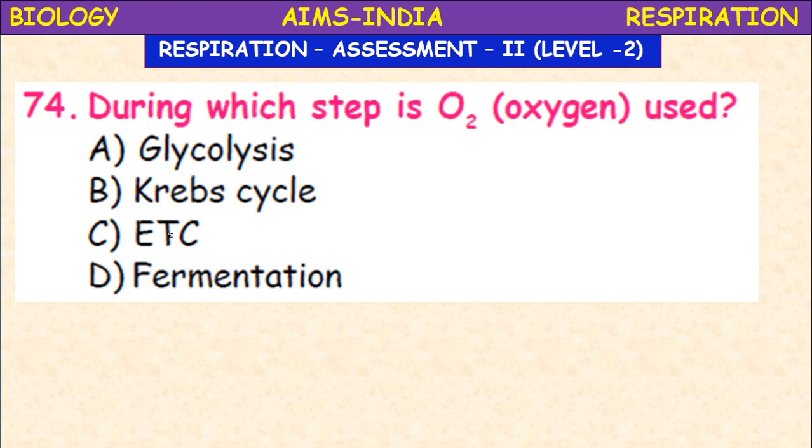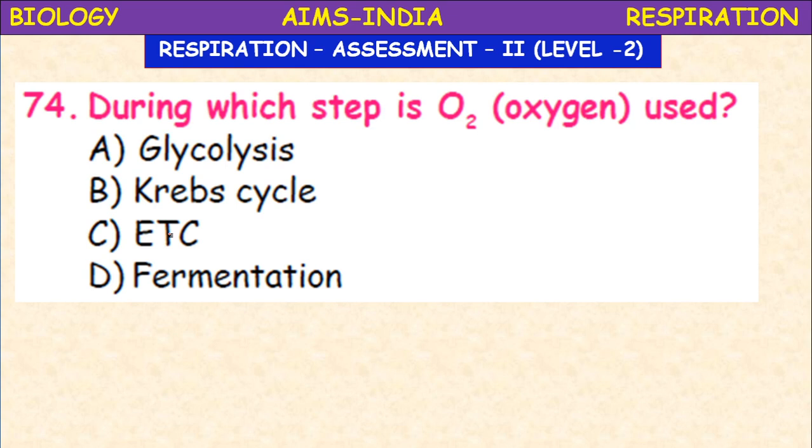Next, during which step is oxygen used? The NADH and FADH2, which are produced in the Krebs cycle, are oxidized. What is oxidation? Removal of hydrogen or removal of electrons or addition of oxygen is called oxidation. So hydrogen is removed by the addition of oxygen in the electron transport system.